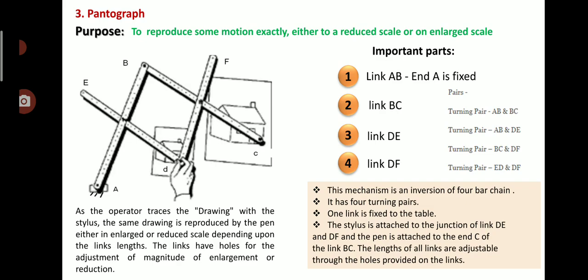The third turning pair is BC and DF, and the fourth turning pair is ED and DF. So you will form 4 turning pairs in this application of the 4-bar chain, which is called a pantograph.